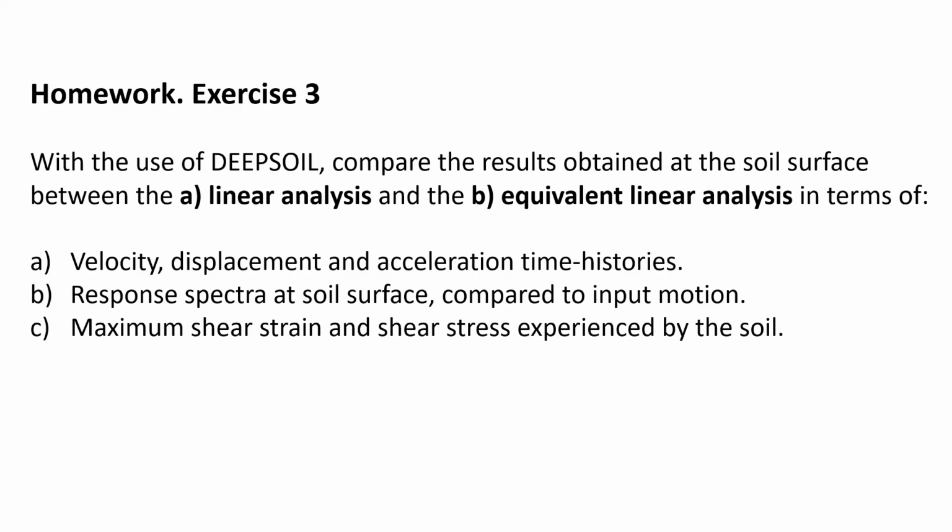So these are real results, and they are probably the most accurate results to represent the nonlinear behavior of the soil. Still, we are using equivalent linear analysis, so it wouldn't be the most accurate dynamic nonlinear soil behavior, but it could still be better than the simple linear analysis, and that's what I'm going to ask you to do in exercise 3.